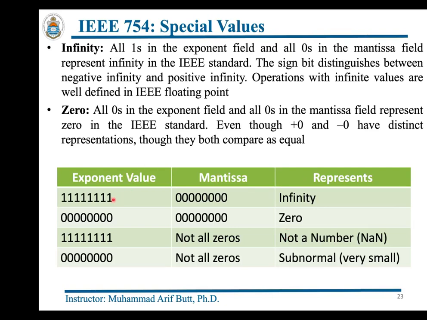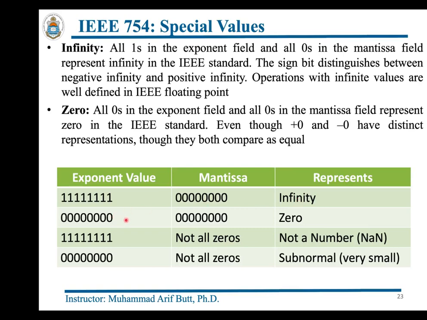The first is infinity. All ones in the exponent field and all zeros in the mantissa field represent infinity in the IEEE standard. The sign bit distinguishes between negative infinity and positive infinity. And operations with infinite values are well defined in IEEE floating point.